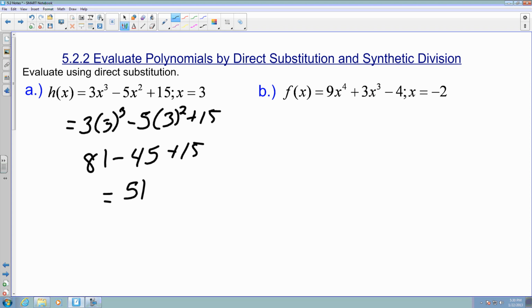Second example B, I'm going to substitute x in as negative 2. So I have 9 times negative 2 to the fourth, plus 3 times negative 2 to the third, minus 4. Use my order of operations. I'm going to take care of my exponents.